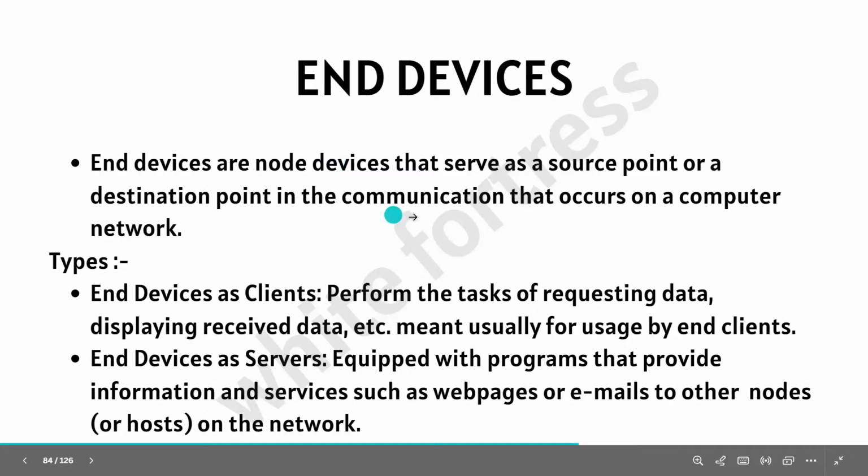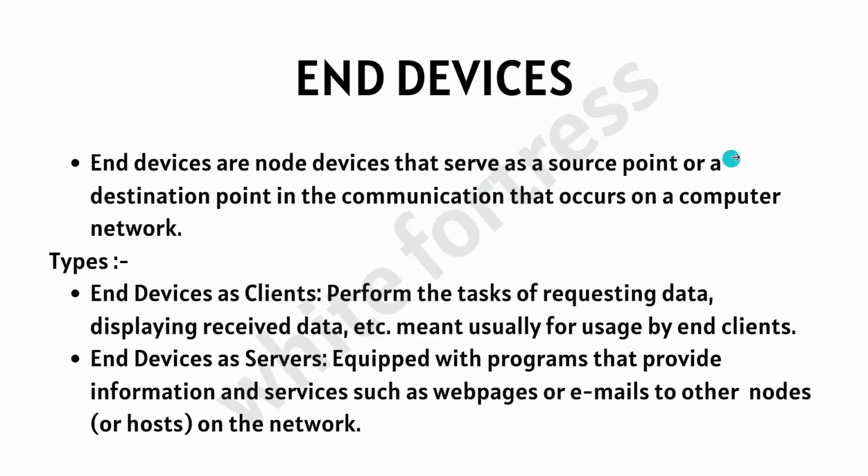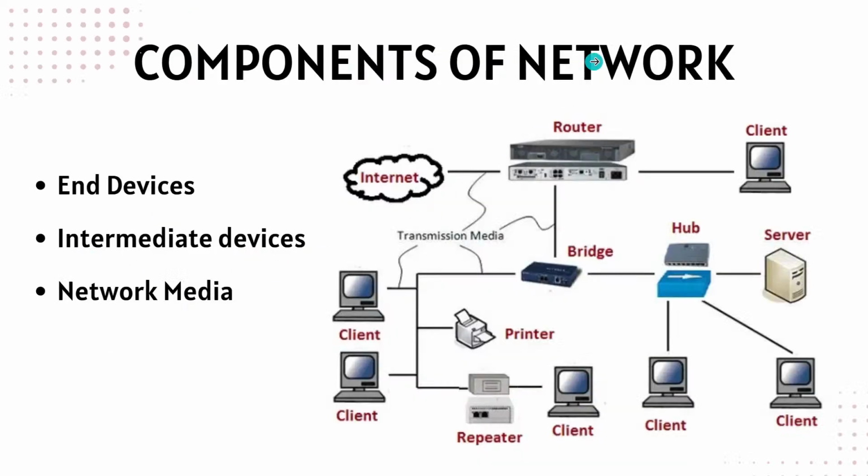End devices are node devices that serve as a source point or a destination point in the communication that occurs on a computer network. For example, I am asking for some data from a particular server. The client request will go from here to here, then the server will respond, and it will go from here to here.